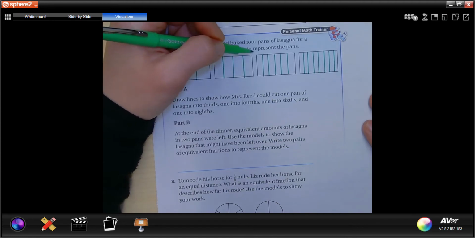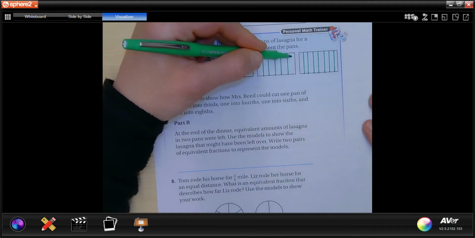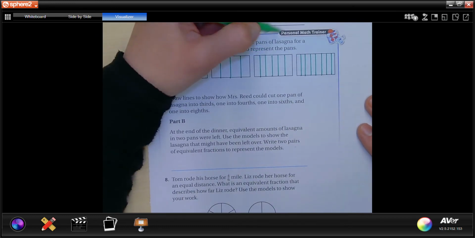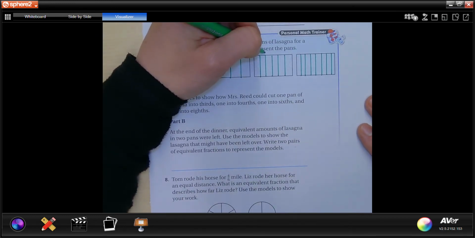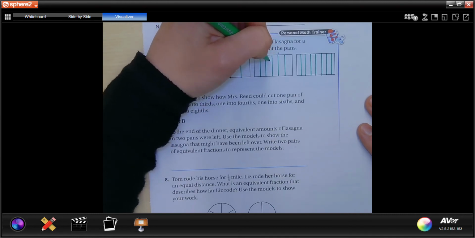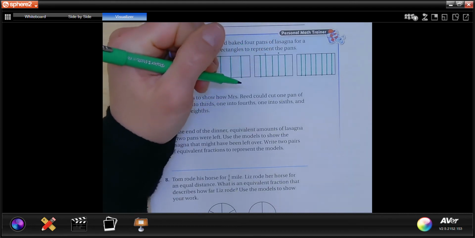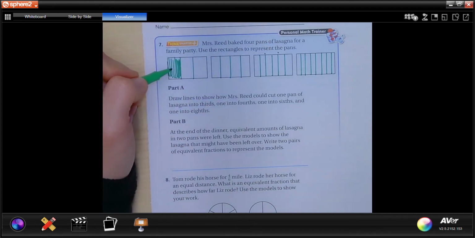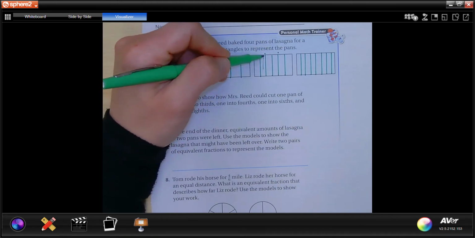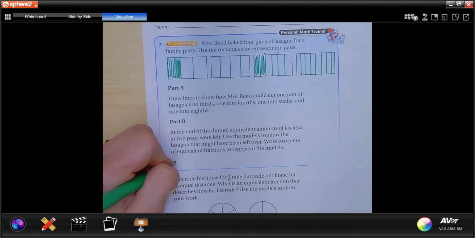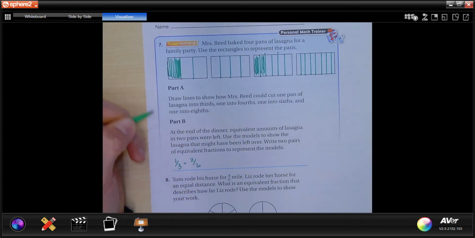No. Can we have thirds with the pan of sixths? Well, let's see. 1, there's 1/3. 2, 3. It's 3 groups of 2. So yes, this is thirds. So if it was 1/3 here, we have to make 1/3 here, which is also equal to 2/6. So 1/3 is equal to 2/6.